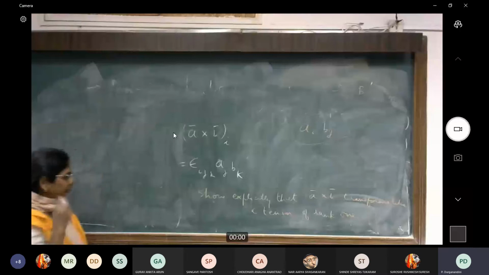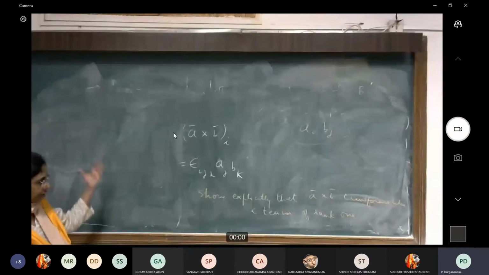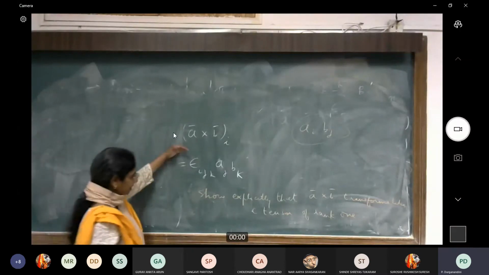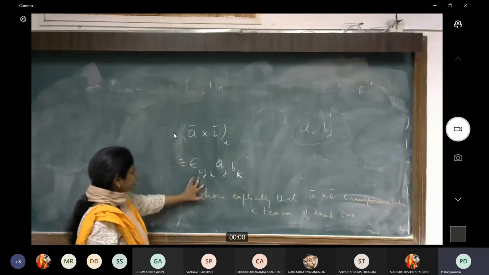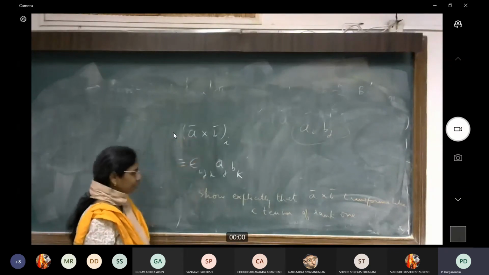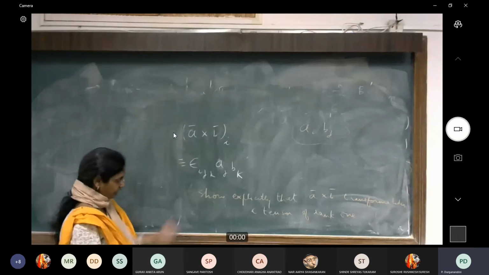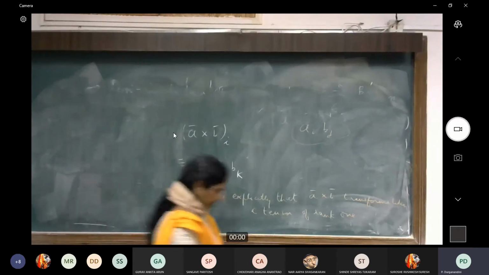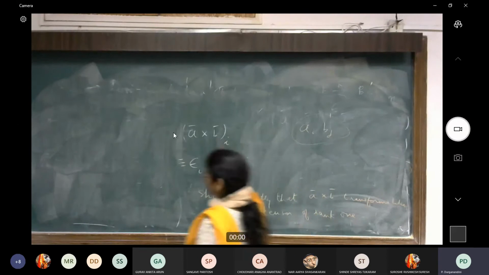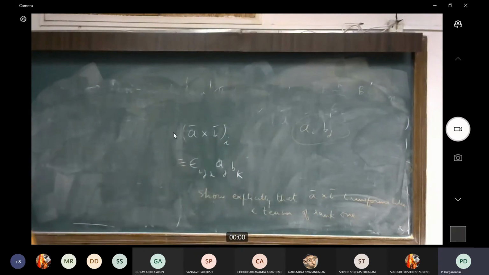So we will see that it will help to have these more general definitions. So now my exercise for you is: take this definition, using the fact that A and B transform like vectors or tensors of rank 1, and that this transforms like a tensor of rank 3, show that A cross B will transform like a tensor of rank 4. Okay. Verify.